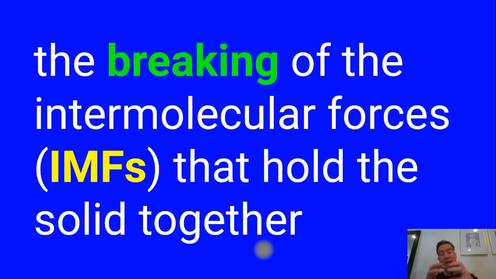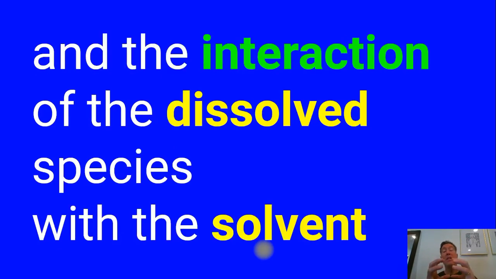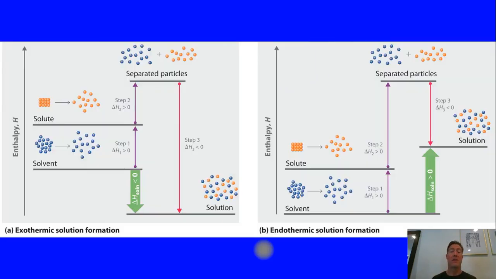We have to break the intermolecular forces that hold the solid together. Then we have to reorganize the solvent, breaking apart the solvent to get around the dissolved species of the ionic compound. And then there's the interaction between the solvent and the dissolved ions of that compound.